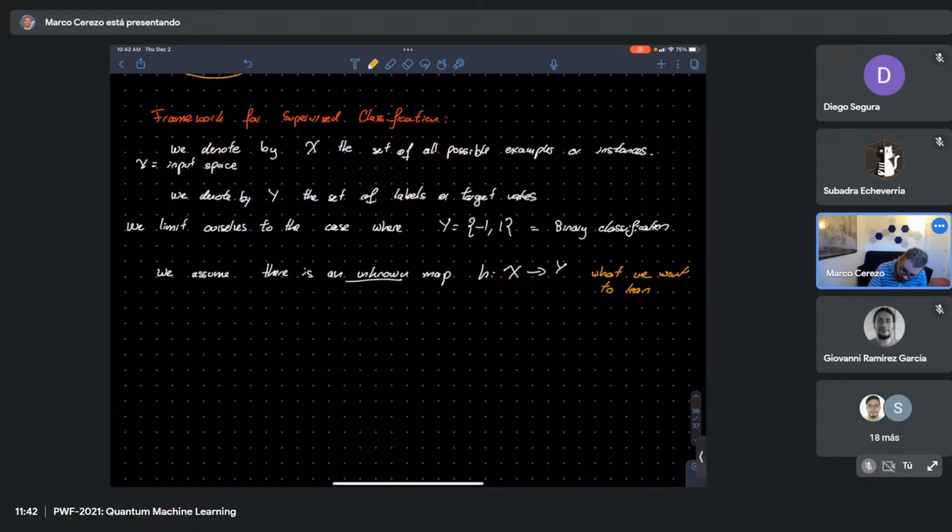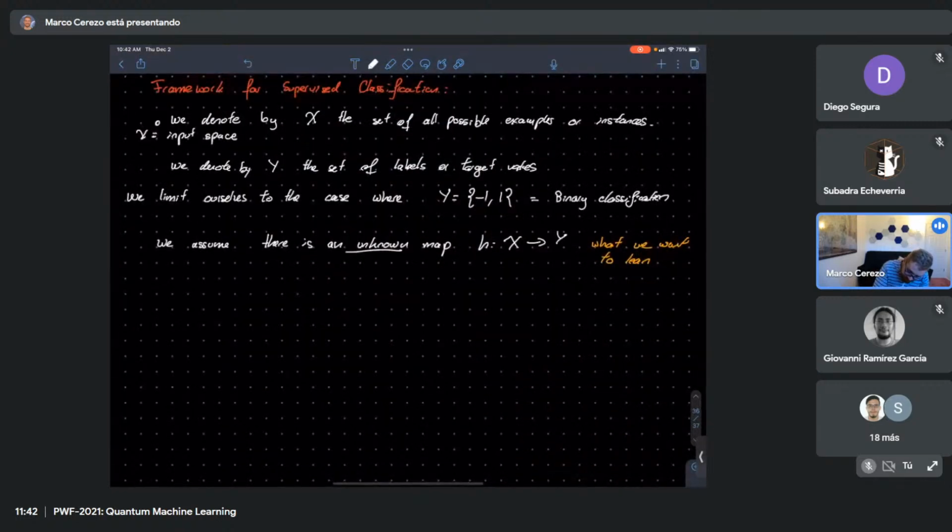The next thing that we have to assume is that we have a way to draw examples independently and identically distributed.